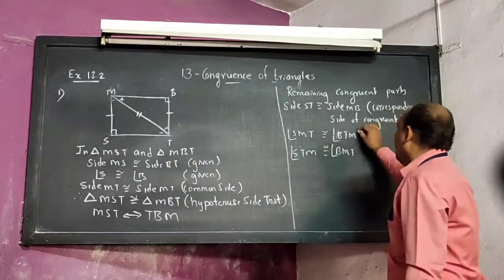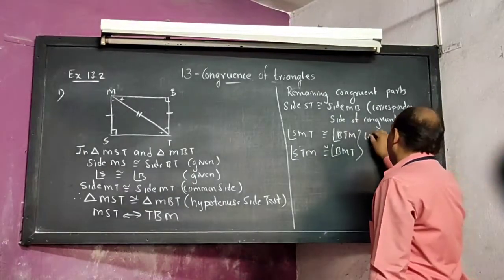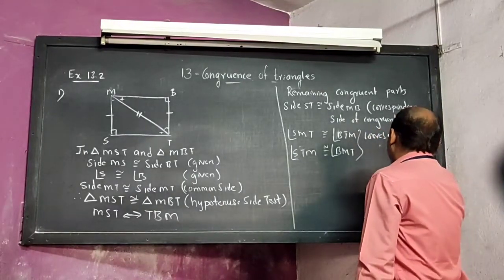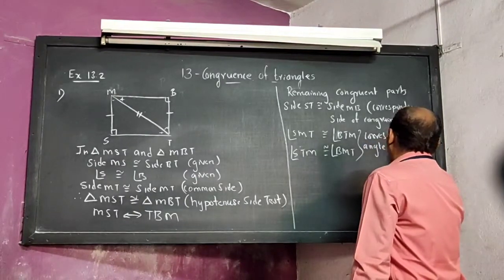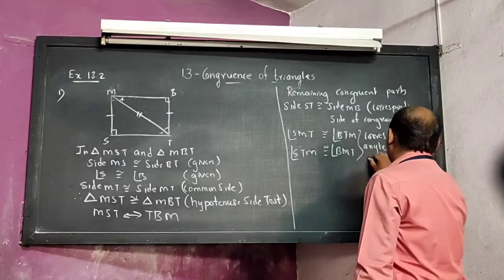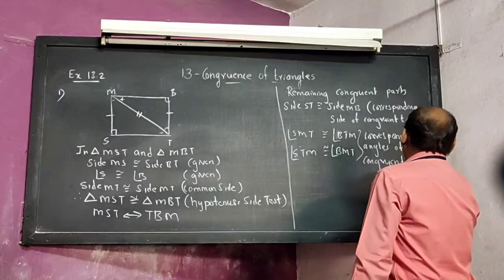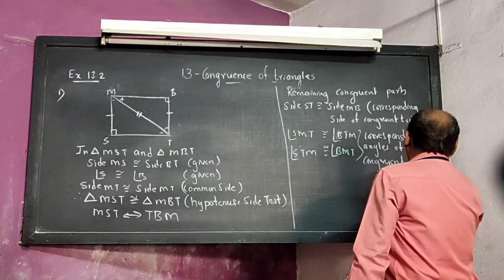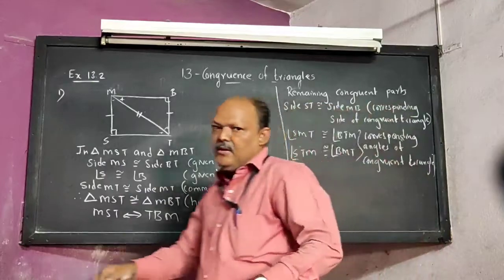The reason for both will be corresponding angles of congruent triangles. I hope all of you understood. This was sum number 1.